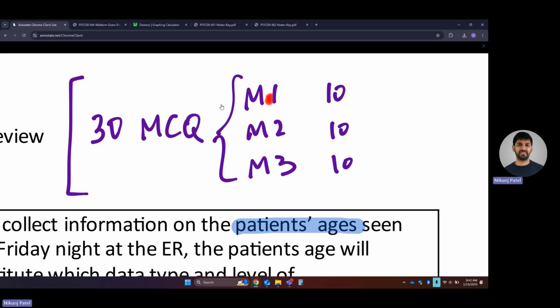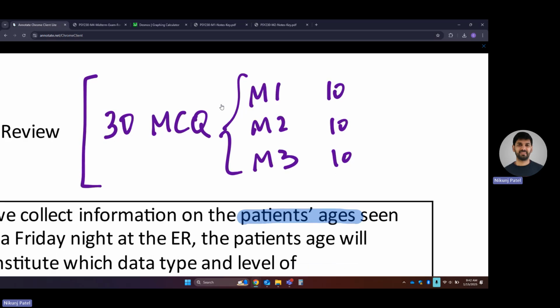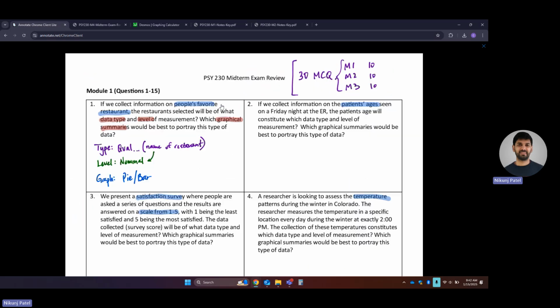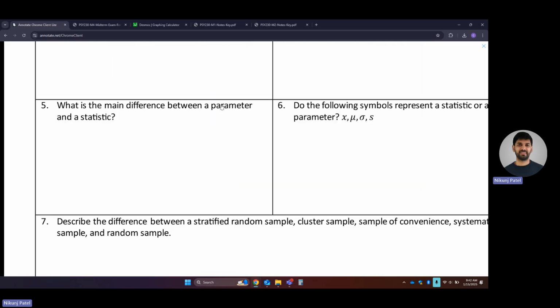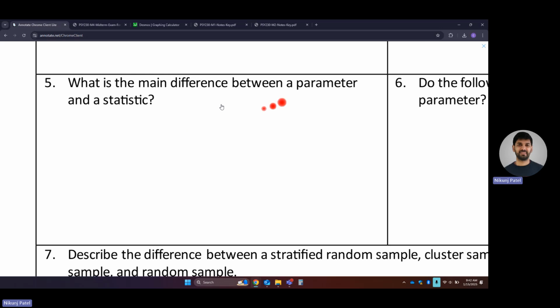So for example, Module 1 was very vocab heavy, a lot of vocabulary. So those types of multiple choice questions are going to be the ones where you want to have the definitions memorized of certain words. And there's other questions in modules 2 and 3 that were more calculation and numbers based, so you'd have to know how to calculate something in those. But anyways, number 5 is one of those examples where you have to know some definitions. And same thing with 1 through 4 as well, very definition based and knowledge based.